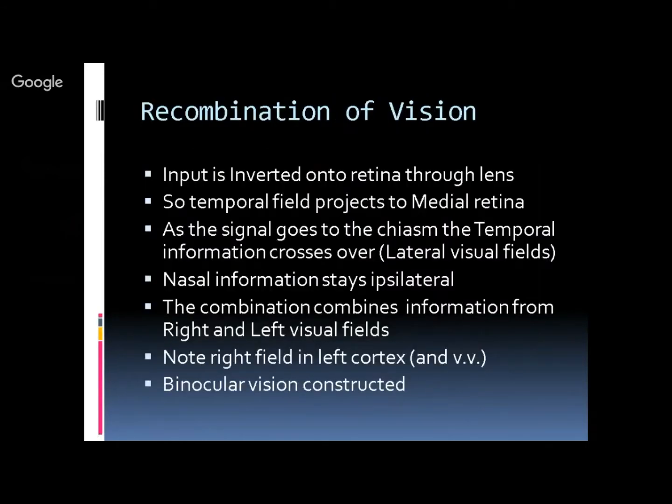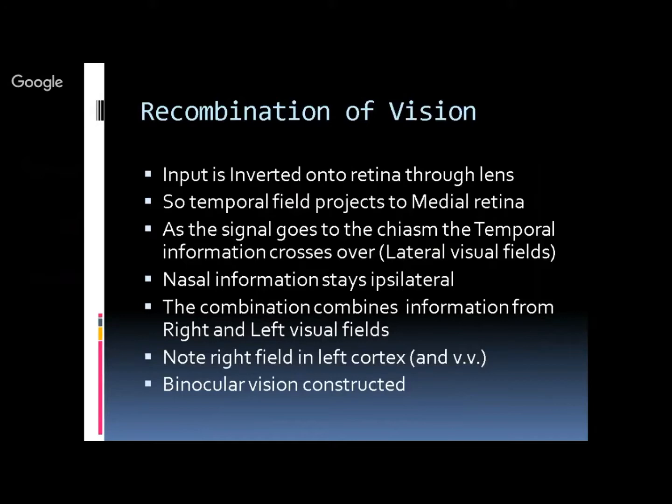Okay. Recombination of vision. Now, when you actually analyze vision, input is inverted onto the retina, and that's done by the lens. This is the same way a telescope works, in that a telescope also inverts the picture both vertically and horizontally. Temporal fields tend to project onto the medial retina, and lateral fields tend to project laterally.